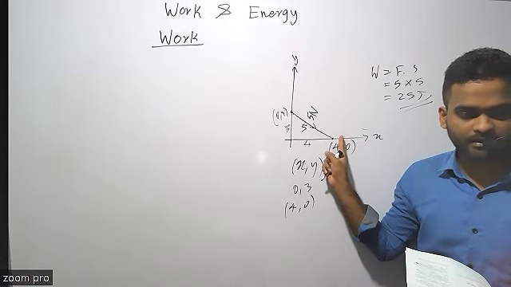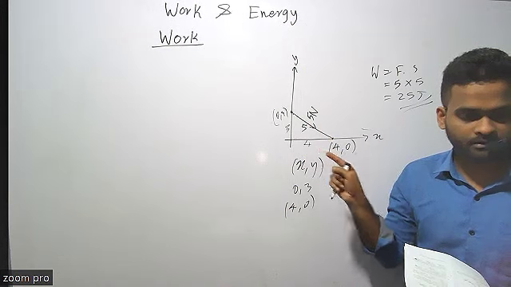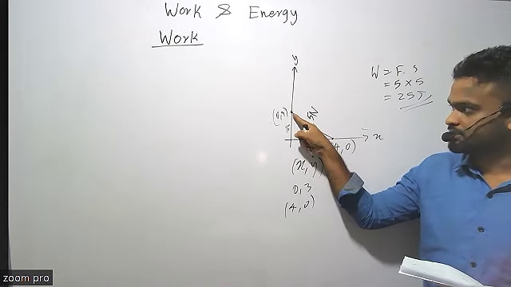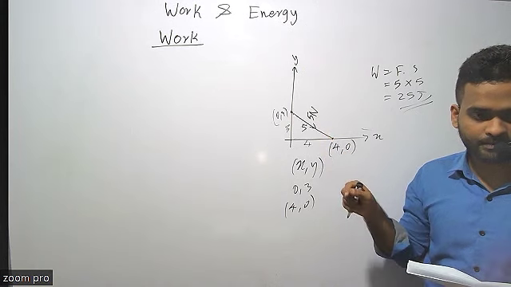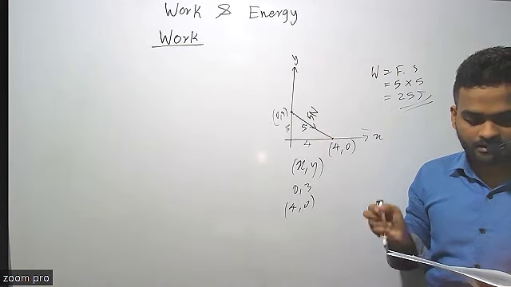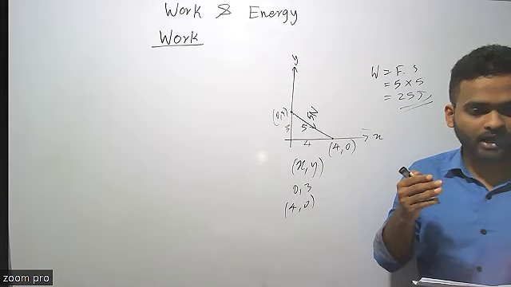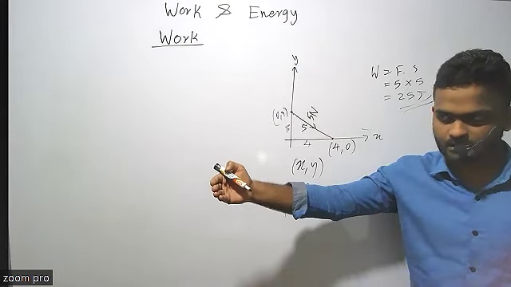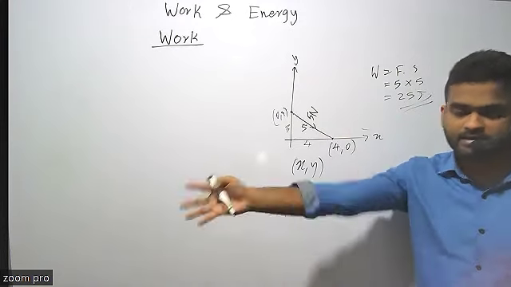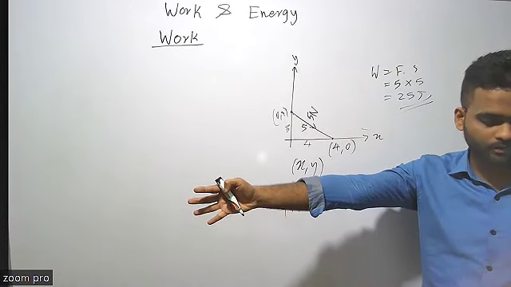Area applies to a VT graph, right? These only show the positions. So all you have to do is multiply the displacement by the force towards that displacement. That's all you always have to do.